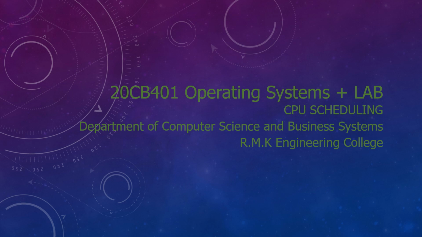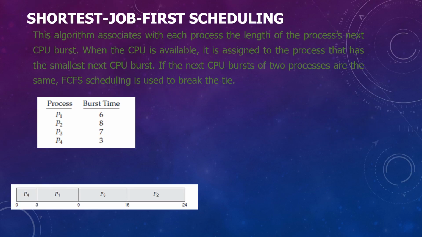In short, you can call this SJF, that is the shortest job first CPU scheduling algorithm. Before getting to the problem, we will discuss what is meant by the shortest job first scheduling algorithm.